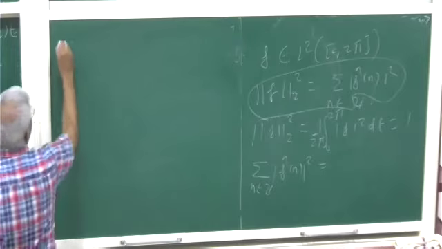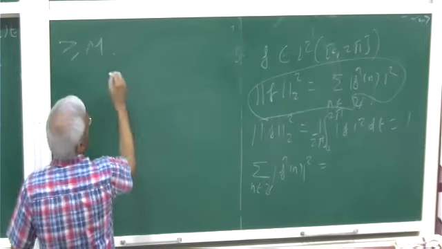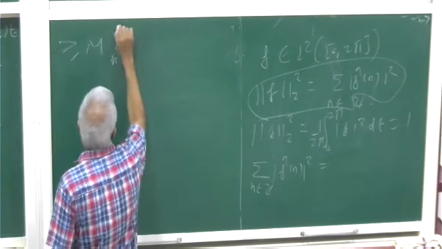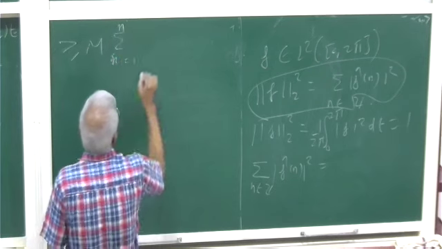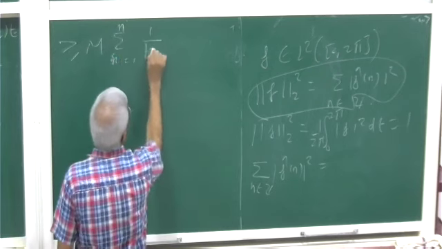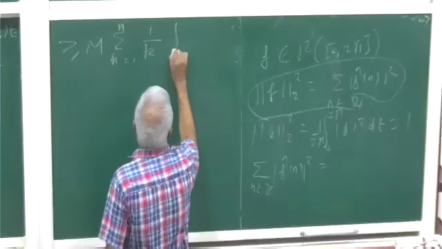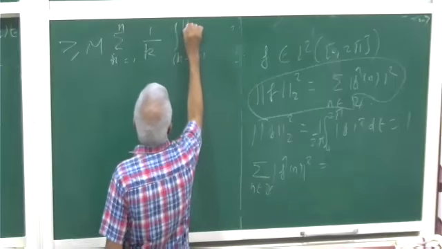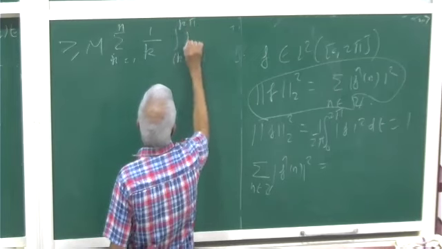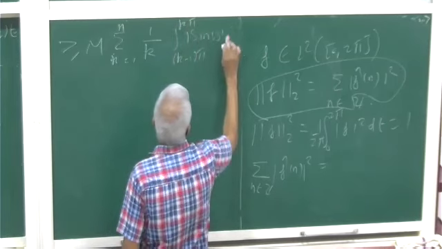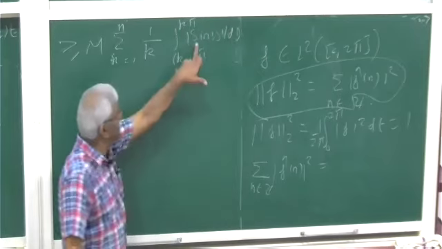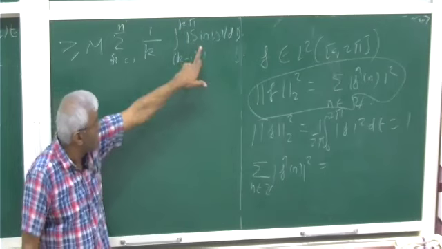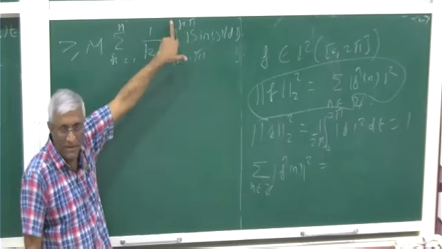Now that is, so in some m summation, k, it is 1 by k integral k minus 1 pi to k pi, for all k, right? 0 to k minus mod sine is the same as k minus 1 pi to k pi.